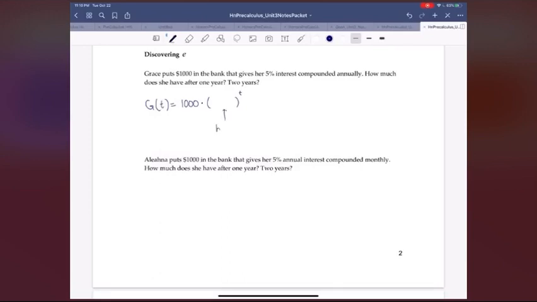So we know that b is equal to 1 plus r, and r is equal to 0.05 because 5% interest as a decimal is 0.05. So 1 plus 0.05 is 1.05.